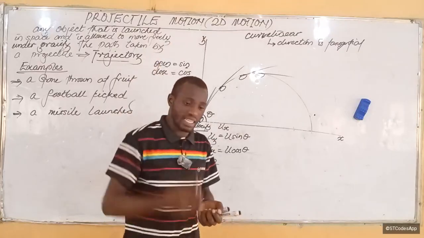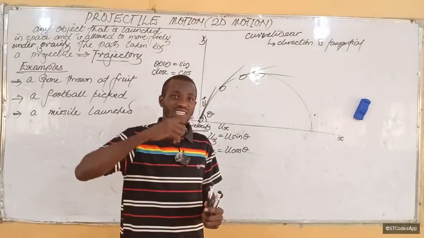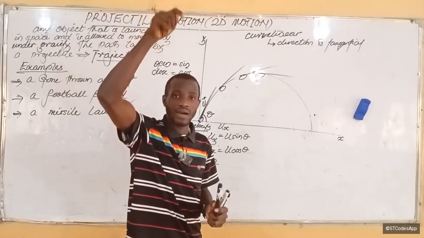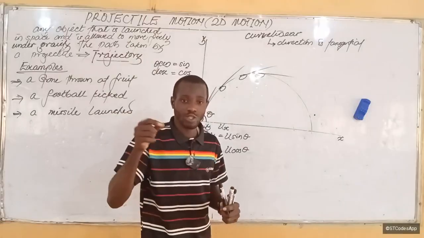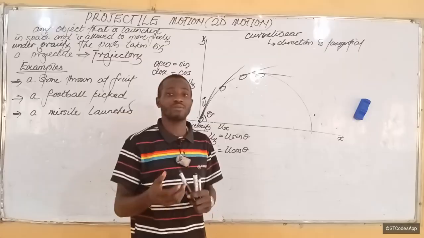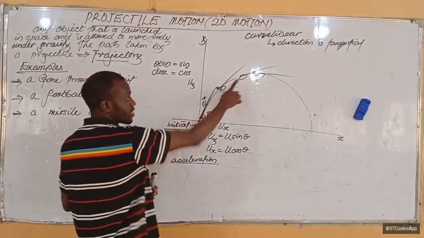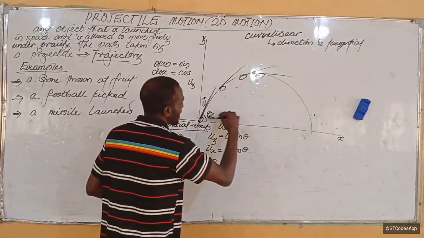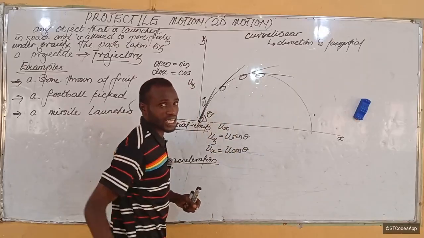So it is at the point of projection upward that it has maximum velocity, and that velocity will reduce all the way to zero as it goes up, then go down again, and just before it touches the ground it will become maximum again. The same thing is happening here. For this body to begin to come down, the y component of the velocity approaches zero here. Is that clear?